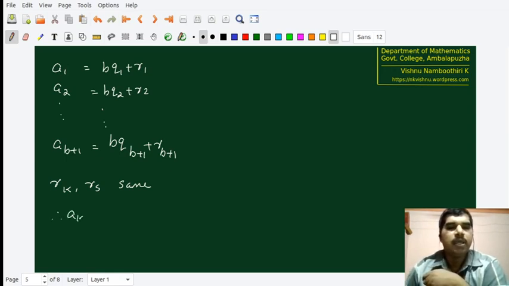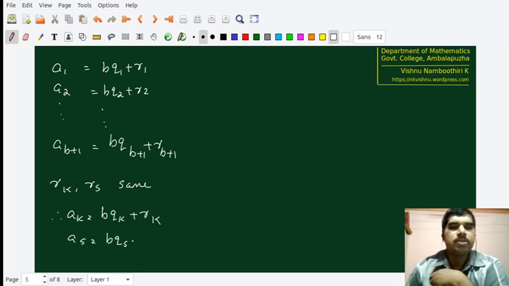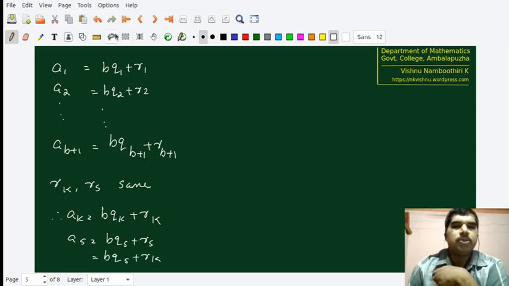Therefore, ak equals b qk plus rk, as equals b qs plus rs, but it is the same as b qs plus rk. So if you take the difference of these two, what will you get?